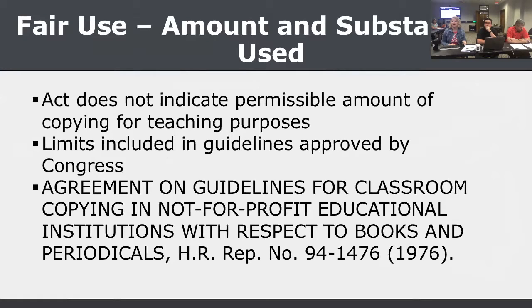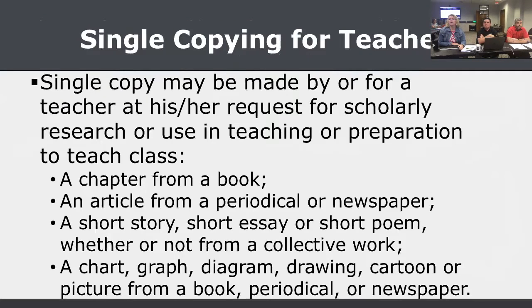There are guidelines on classroom copying for not-for-profit groups that are in some of the material that we've included in the circular and on the website, and we'll buzz through some of these specific examples. So you can make a single copy by a teacher if it is for use in teaching or in preparation for a class. You can do a chapter from a book, an article from a periodical, a short story or short poem, or a chart, graph, or diagram.